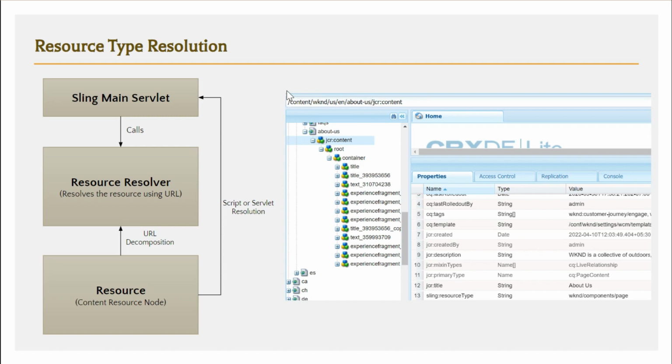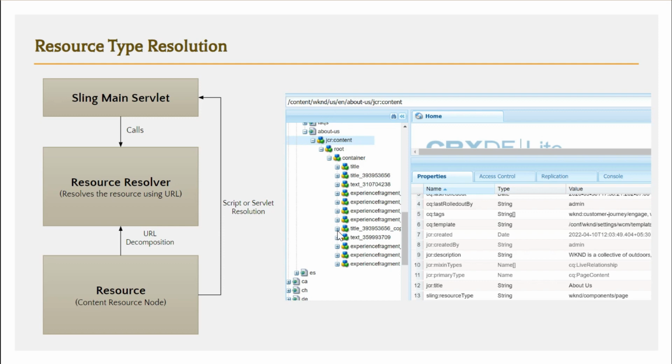So that resource resolution code is written as part of the resolve function. Whenever you call resourceResolver.resolve and pass this path as an argument, internally it knows how to connect to the JCR and how exactly it has to resolve.